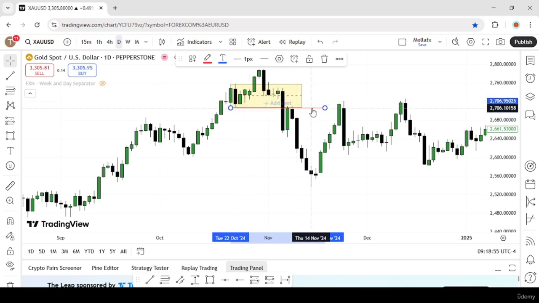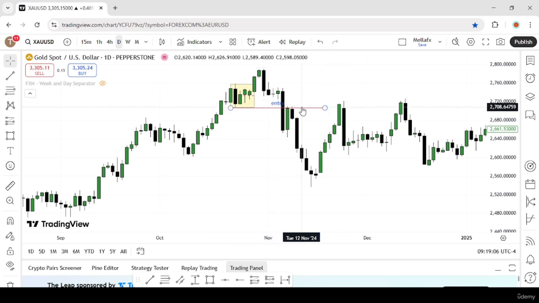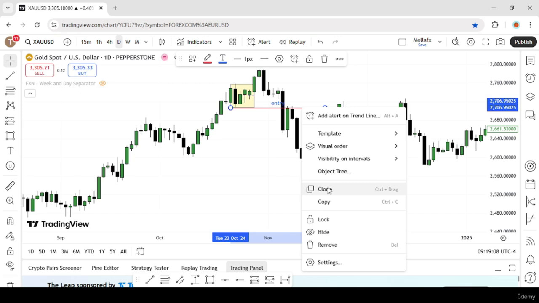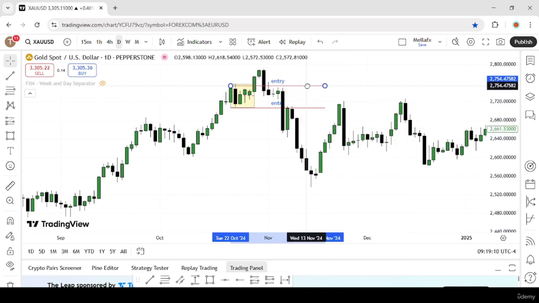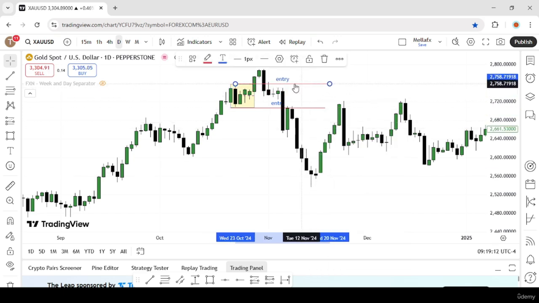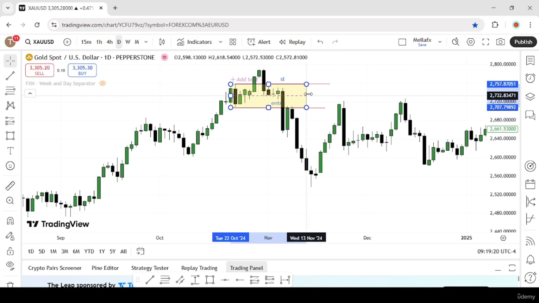Now this will be our entry, and for your stop loss, you have to use this. This is the stop loss, and now you can extend this as the breaker.